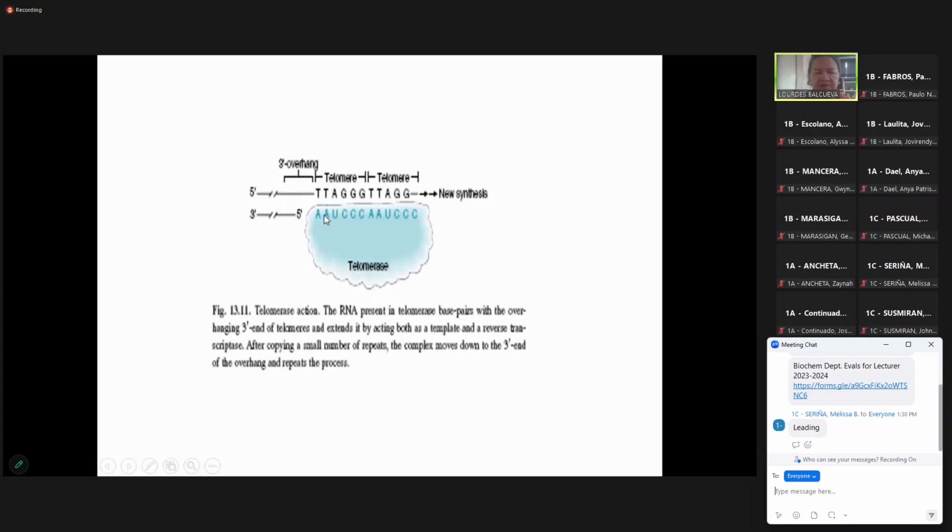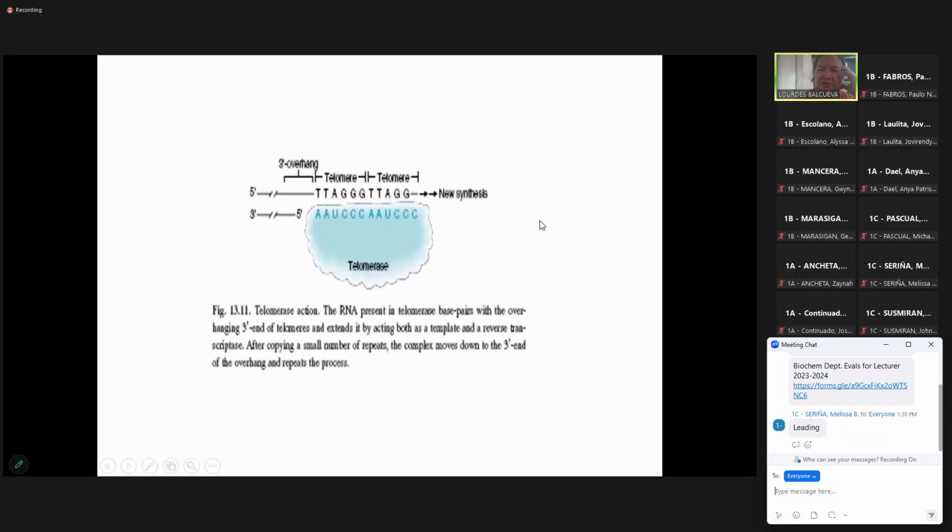This will attach itself, and start to synthesize the appropriate DNA in this particular strand. Your telomerase only occurs in cells that are fast dividing, no? Cells that are dividing fast.